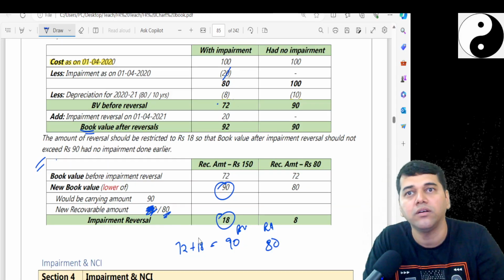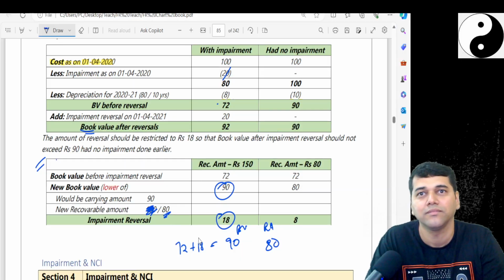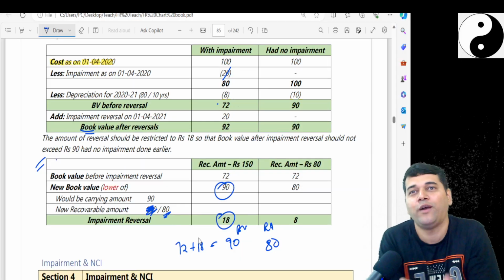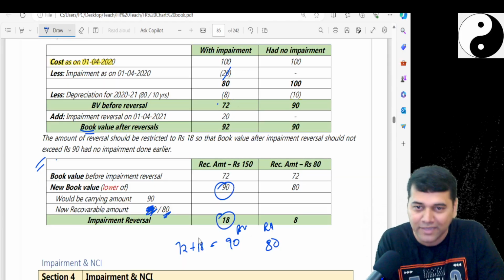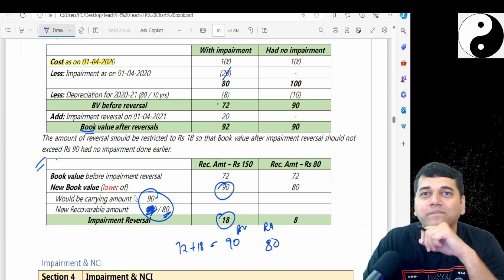Immediately you would impair again. What's the point? That's why you compare whichever is lower.